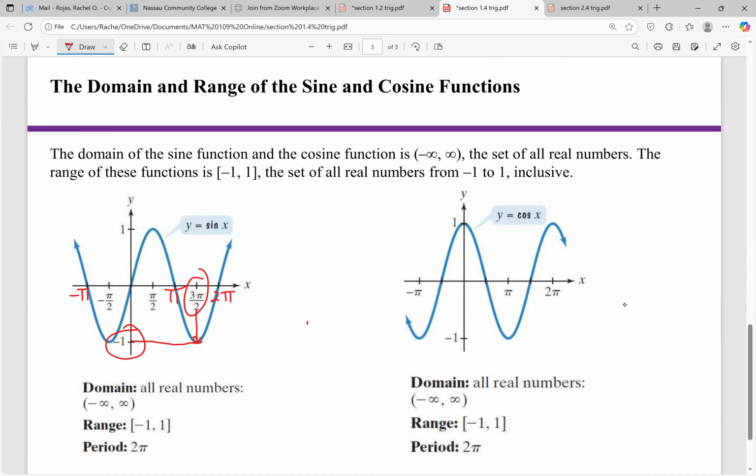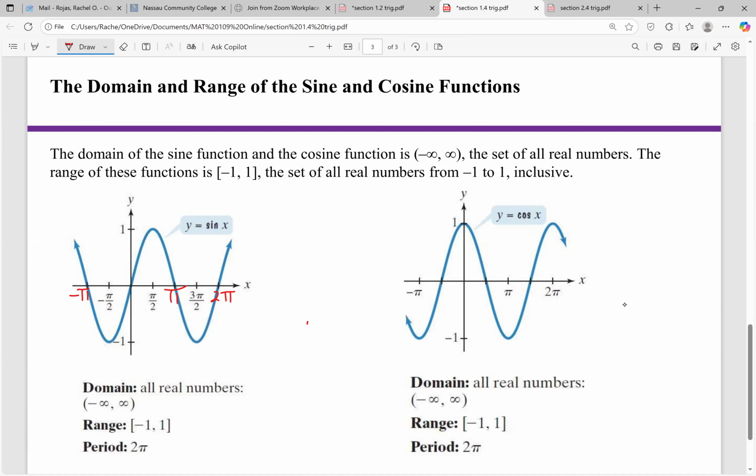And notice, let's just clean this up a little bit. The highest value that sine could be is 1, and the lowest value that the sine of x could be is negative 1. You see how this graph oscillates between 1 and negative 1. Therefore, the range is going to go from negative 1 to positive 1 inclusive. And then x, the domain, for what are the possible x values for the sine function, it's going to be all real numbers.